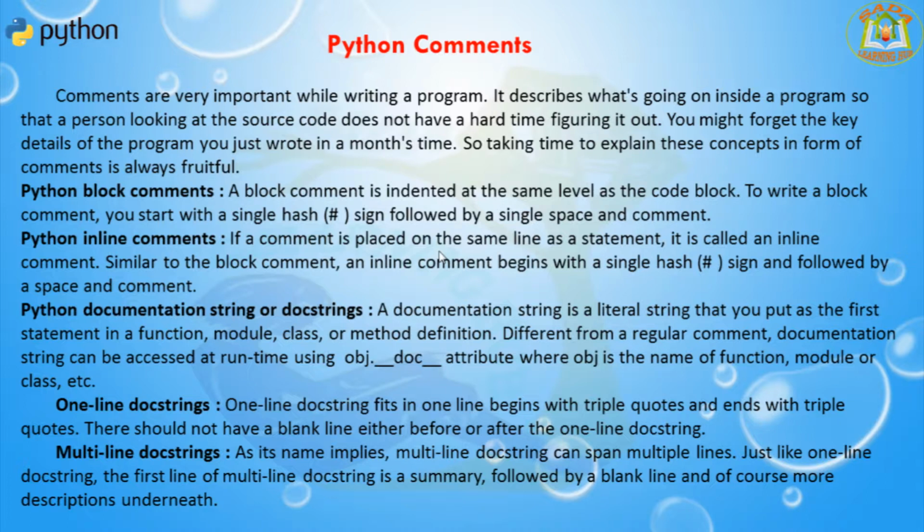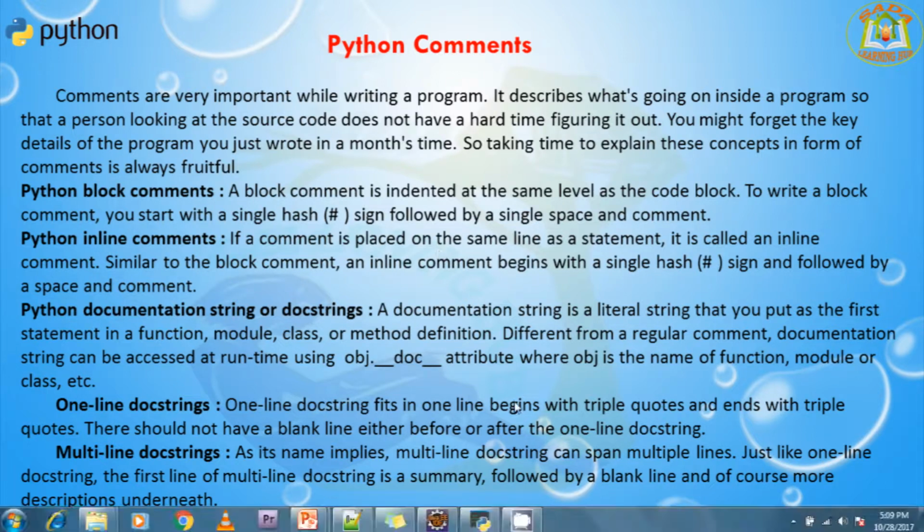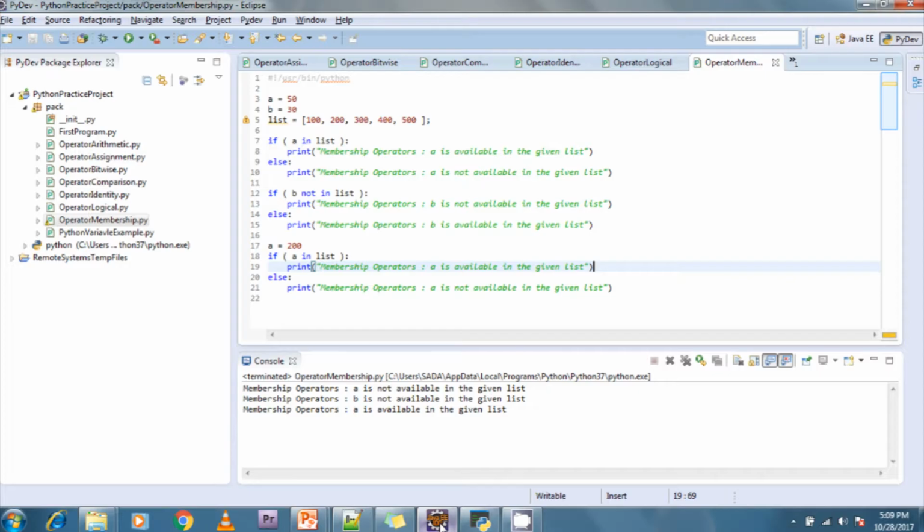You use a block comment to explain the code that follows it. A block comment is indented at the same level as the code block. To write a block comment, you start with a single hash sign followed by a single space and then the comment. I will show you how the block comment looks.